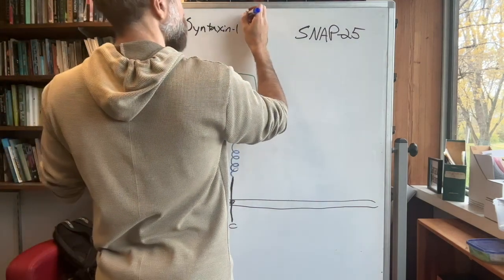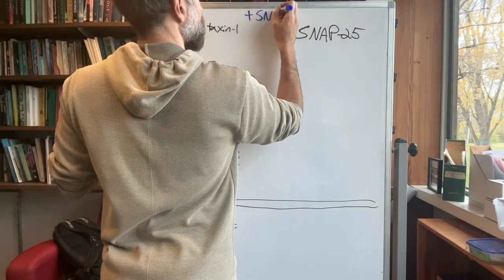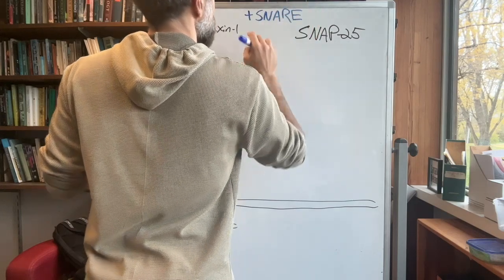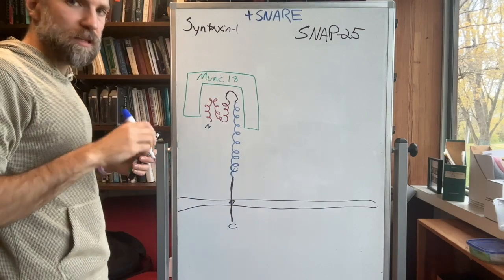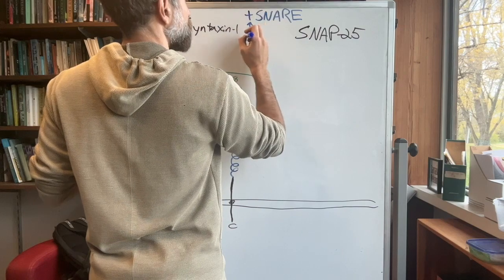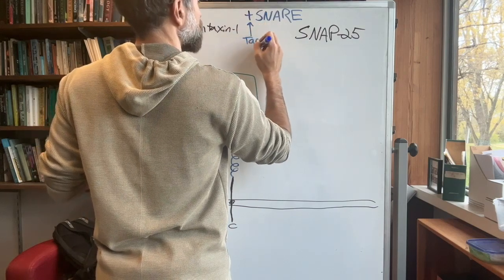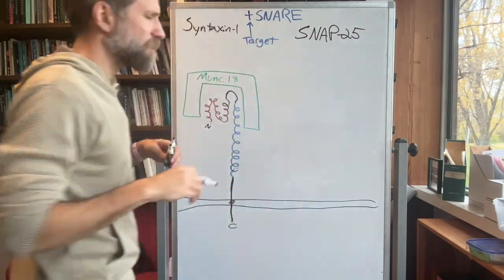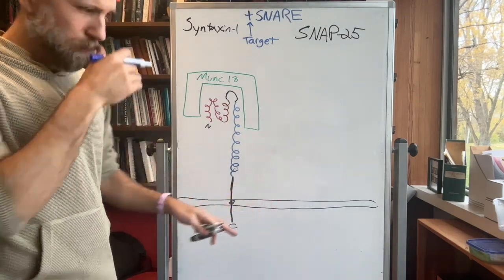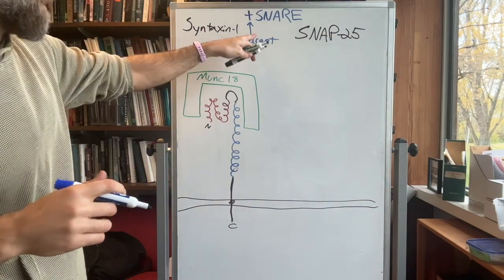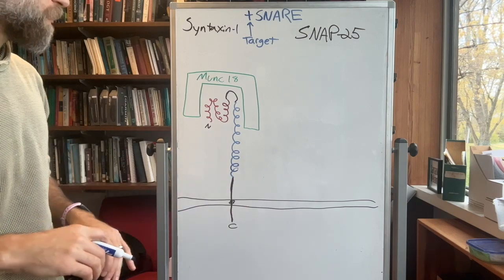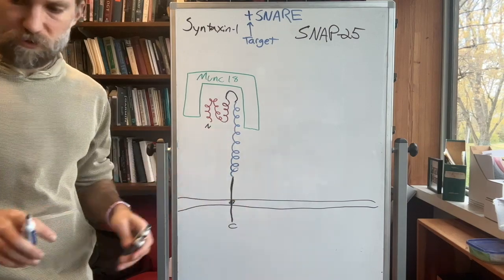Well, we can make it blue. And I don't think I wrote this at the beginning. But what does the T stand for? The T stands for target. So these are the target areas in the presynaptic active zone that the vesicles will eventually dock at and bind to. So this is the target for the vesicles.